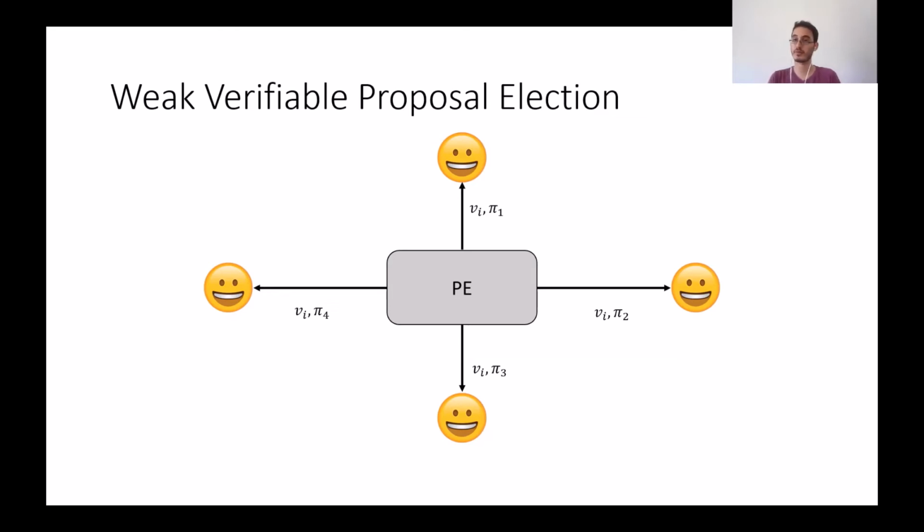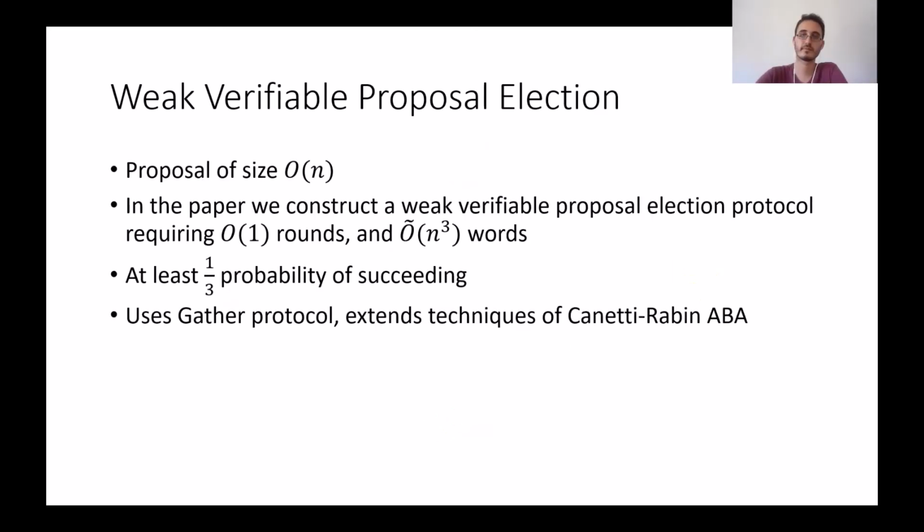The protocol is verifiable in the sense that parties can prove to each other that they actually received a given value from the protocol. So when some party receives a value v, it also receives a proof pi that this is their actual output from the protocol. Another result of our paper is a weak verifiable proposal election protocol.